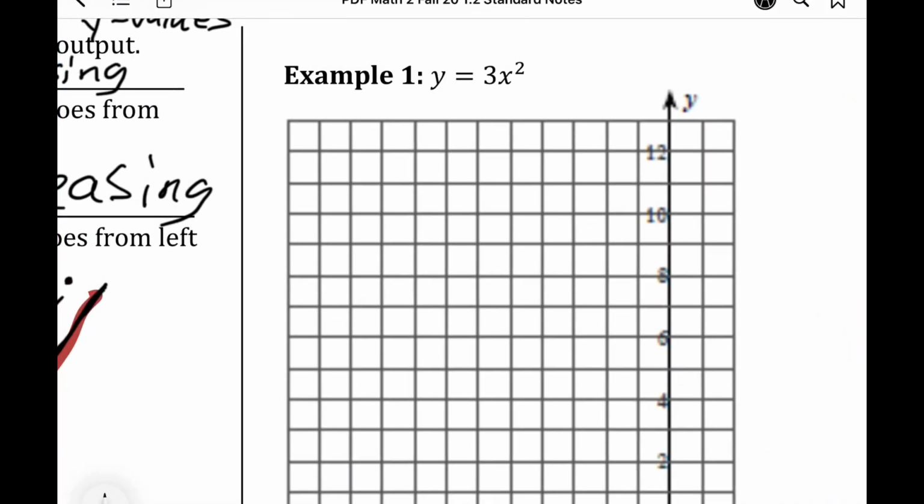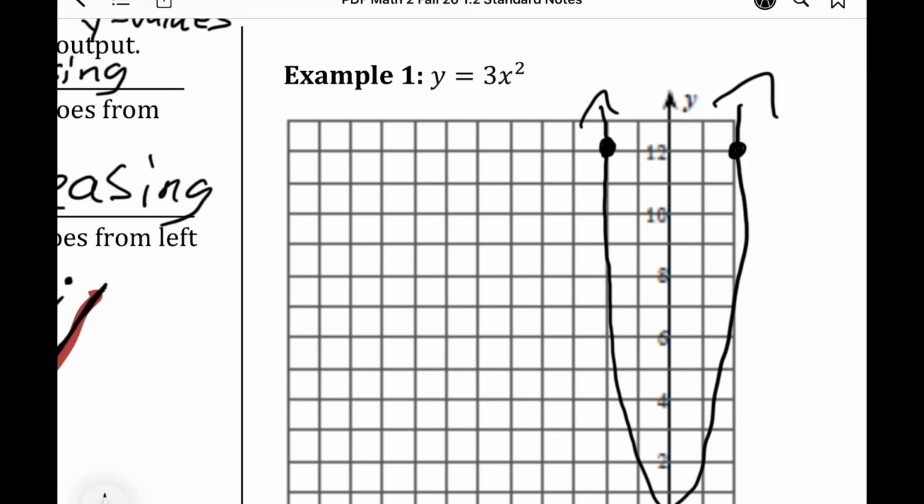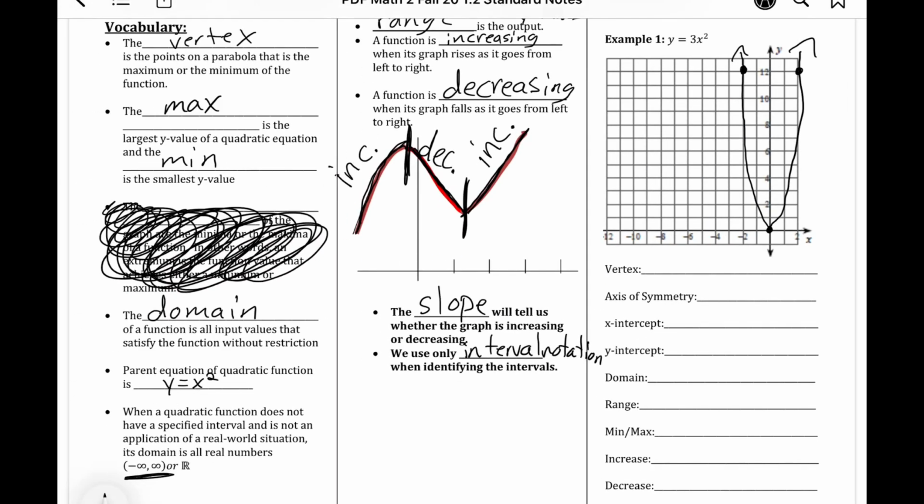So we've got 0, 0. We got -2, 12. So that is our graph. No, it does not have to be perfect. Another point, if you want to go back and look, is at 2, 12.